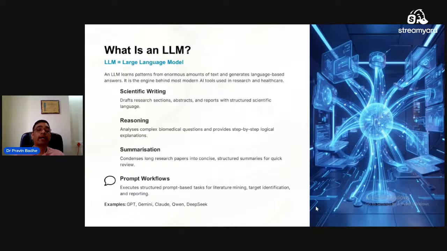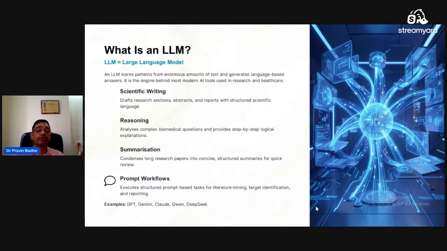If you look at these large language models, you must have used ChatGPT, Gemini, Claude, Perplexity, DeepSeek, Qwen. Many other models are available for your scientific writing, for your data analysis, even for reasoning.